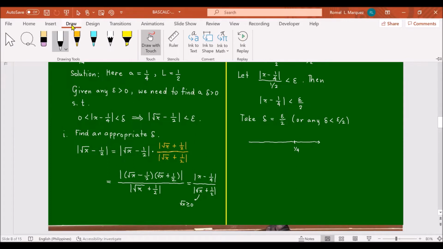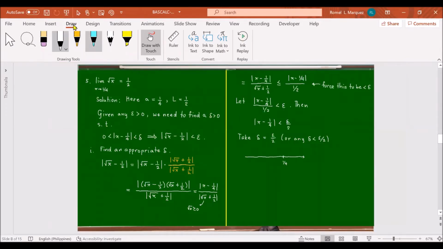So the maximum open interval safe to contain 1/4 and will not contain values less than 0, by adding and subtracting from 1/4. So this is now 0. We have the open interval here up to here.